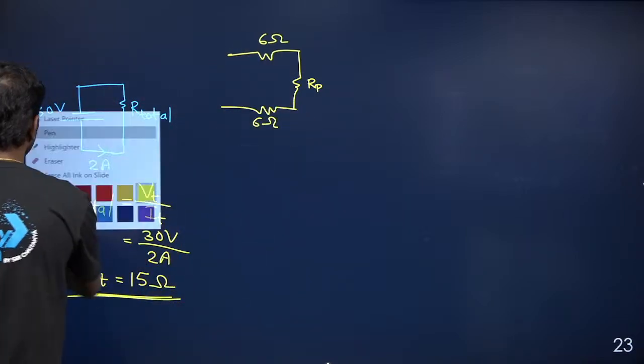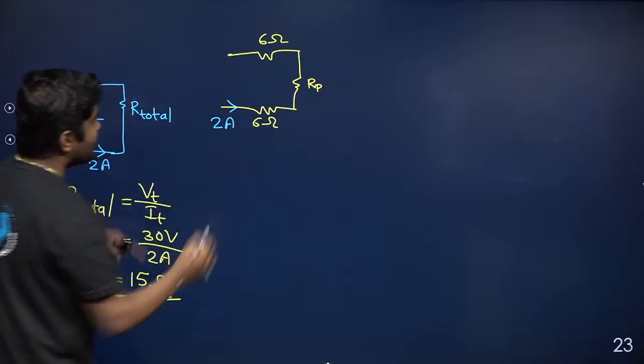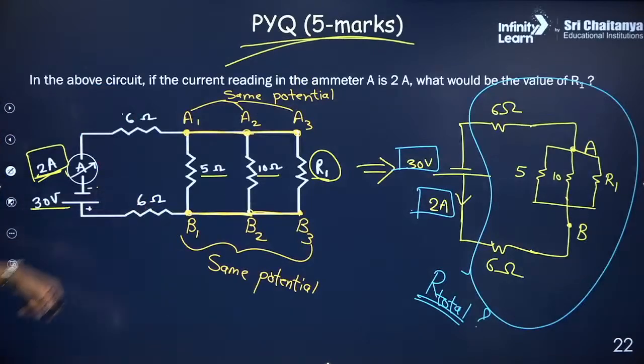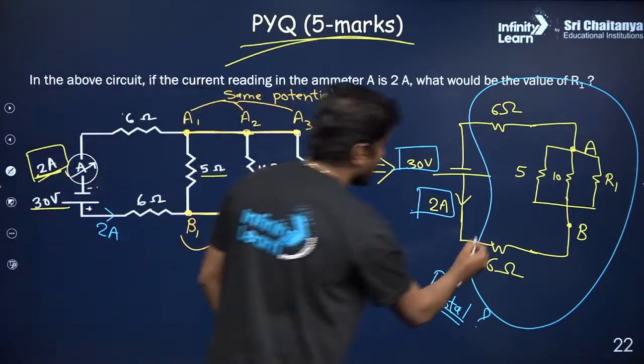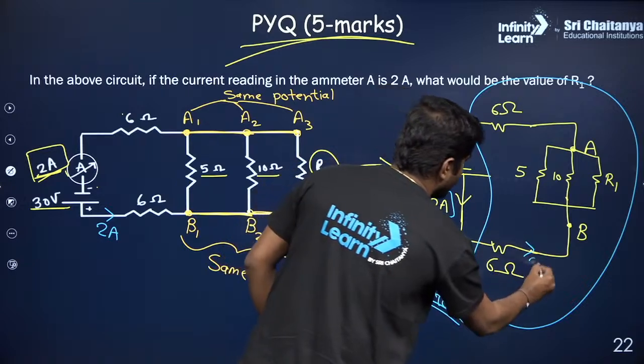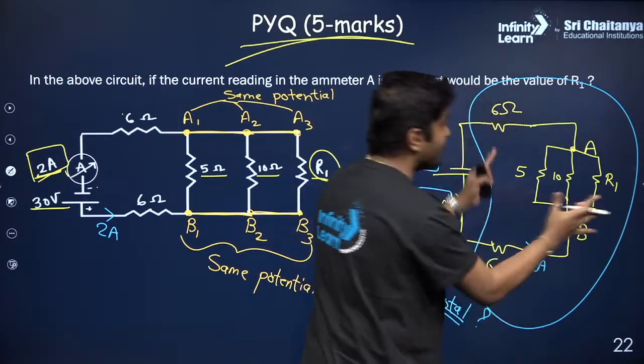If the current of 2 ampere is passing through this, the same current will pass through this parallel combination. You see here the 2 ampere current, again 2 ampere current. It will split here.